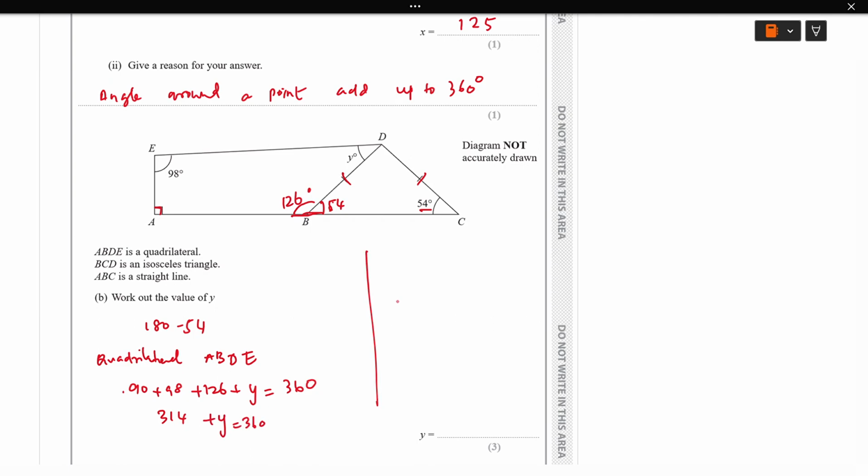So the next line, y equals, just take away 314 both sides, which is 360 minus 314, which is 46. So y equals 46 degrees.